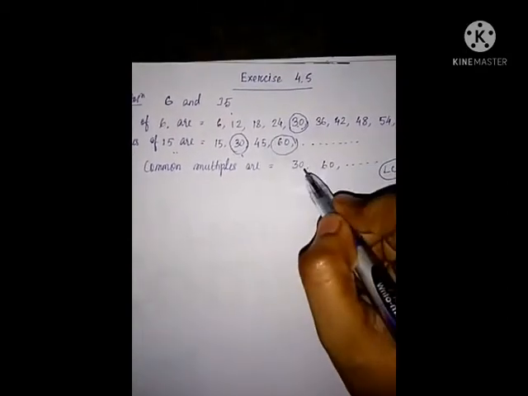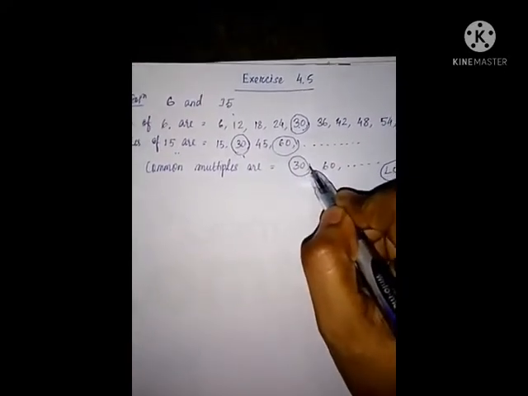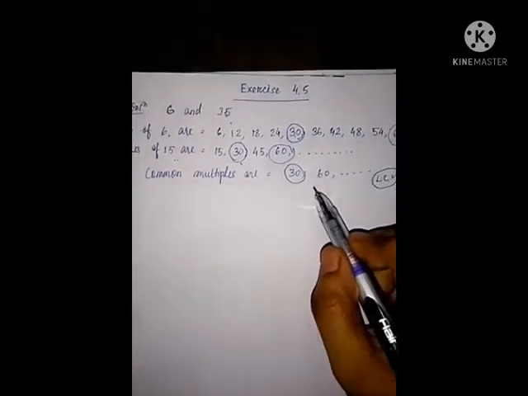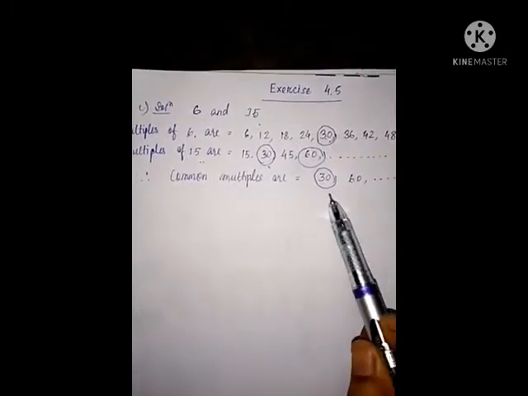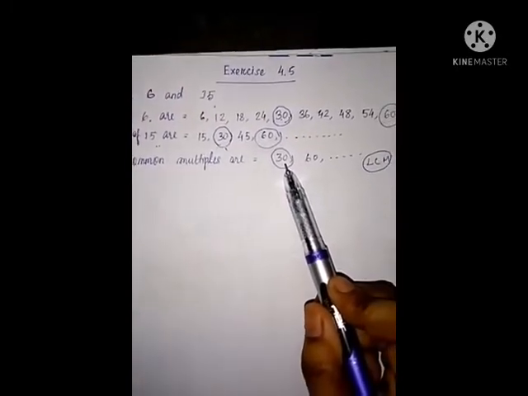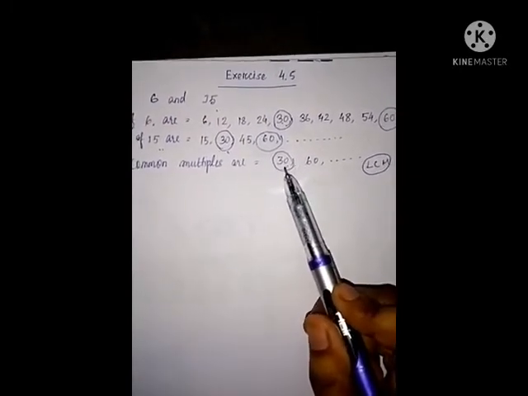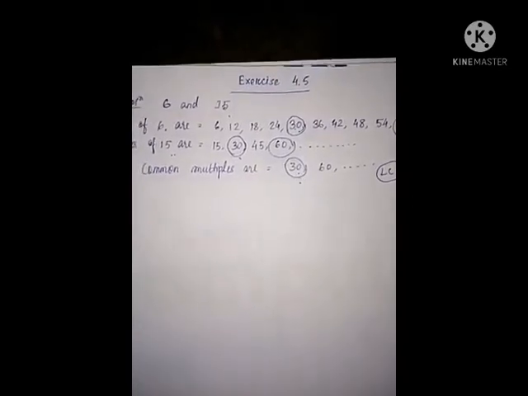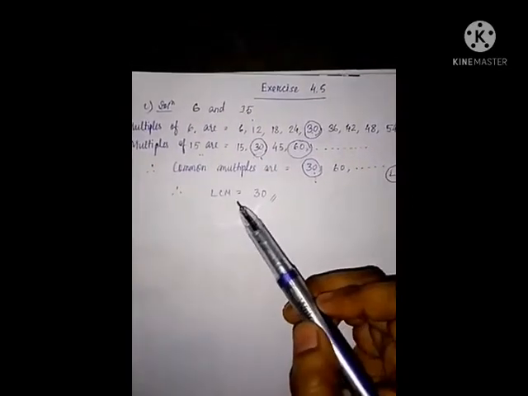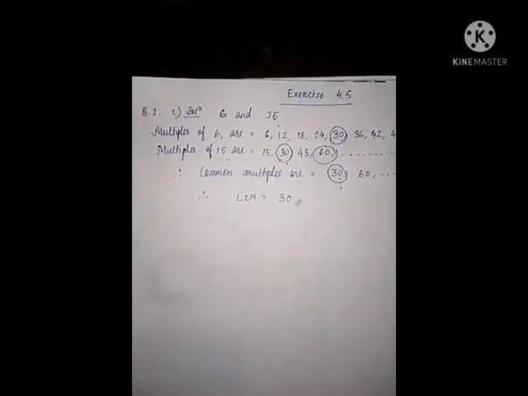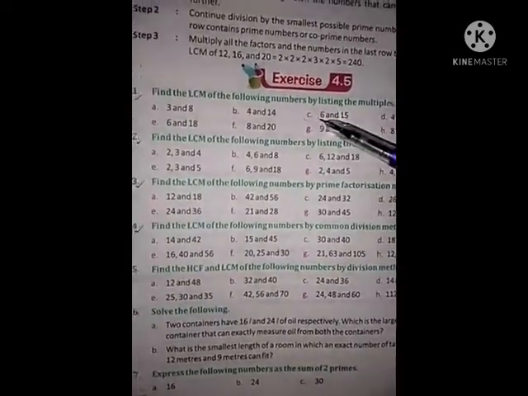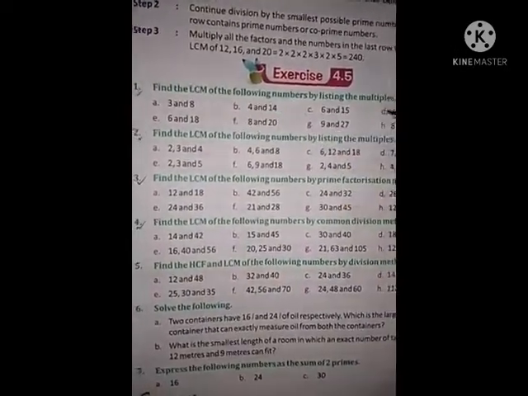So we found 30. 30 is the LCM of 6 and 15 because this is the smallest among all the multiples. Okay, see, therefore LCM is equal to 30. Understand? So I have done this for you. You have to do the others.